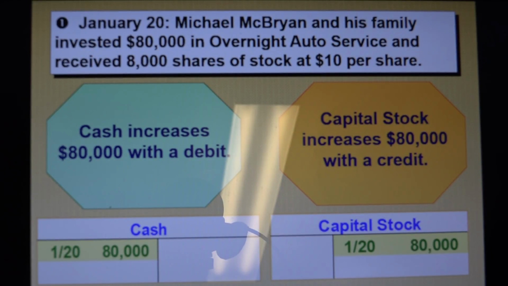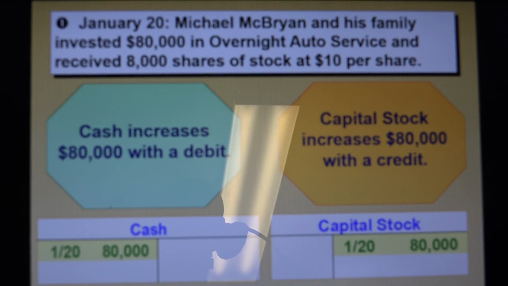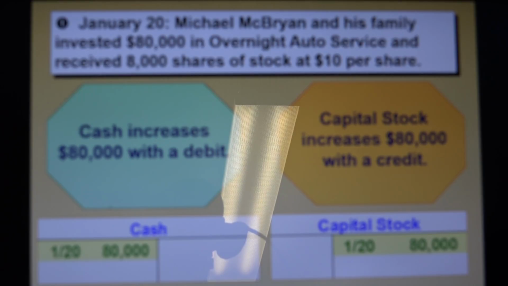And the other account affected, that's part of your analysis, is to determine which accounts are affected, if any. In this case, it's the capital stock account. And so we credit to increase capital stock. Remember, it's on the right-hand side. Doesn't always mean that you credit it to increase it, but in this case you do, because that increases the overall owner's equity.